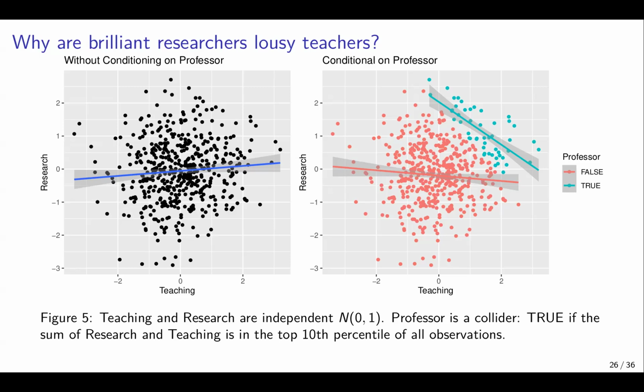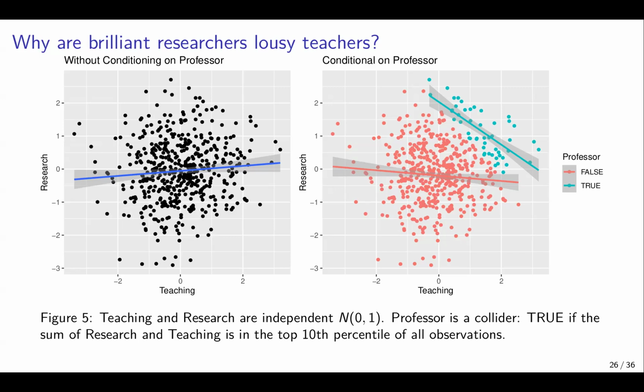So you can see that these points are just scattered randomly along the box. There's no correlation between them. I've generated teaching and researching ability as just completely independent normal random variables.